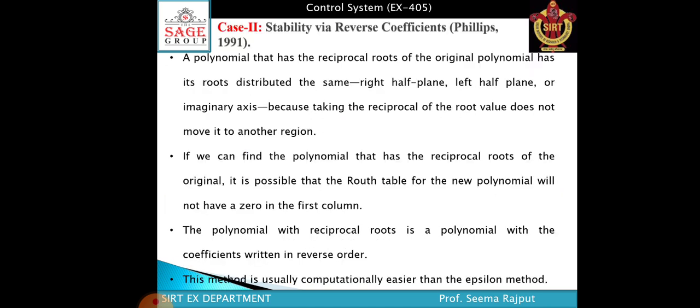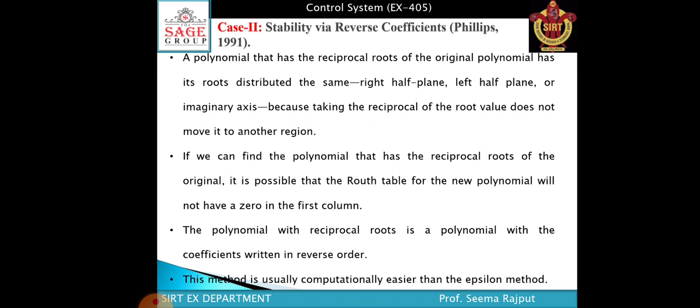Okay, now case 2: stability by reverse coefficient. A polynomial that has the reciprocal roots of the original polynomial has its roots described by the same right half plane, left half plane or imaginary axis, because taking the reciprocal of the root value does not move it to another region.